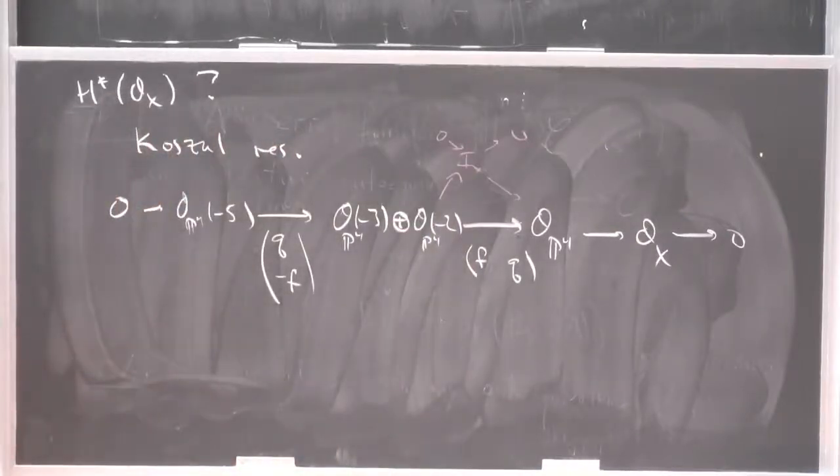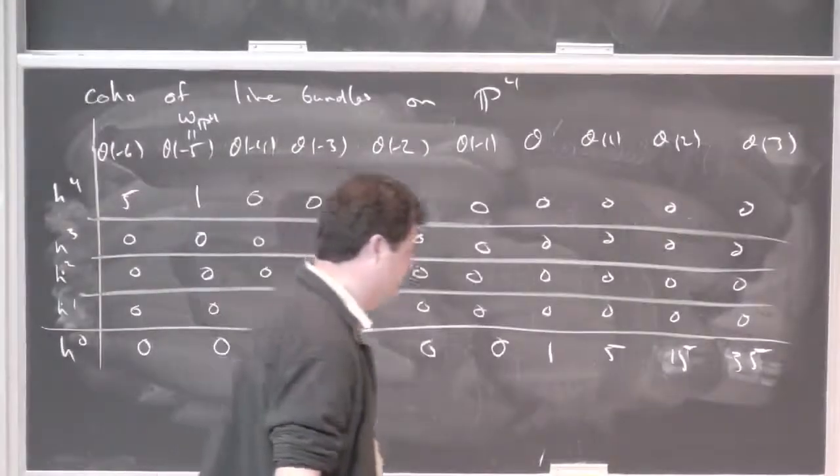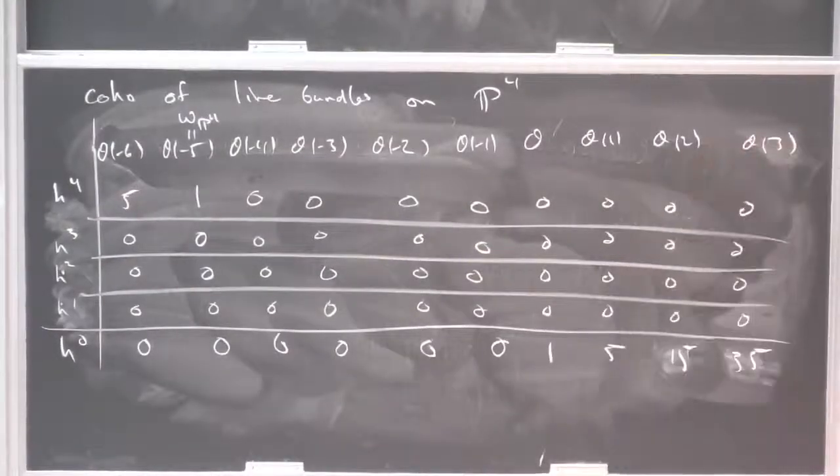I'll do the long exact sequence in cohomology twice, and paste all the information together and get the answer. And indeed, you could do that. But whenever you find yourself doing that, secretly you're doing the Grothendieck spectral sequence, and you didn't know it.